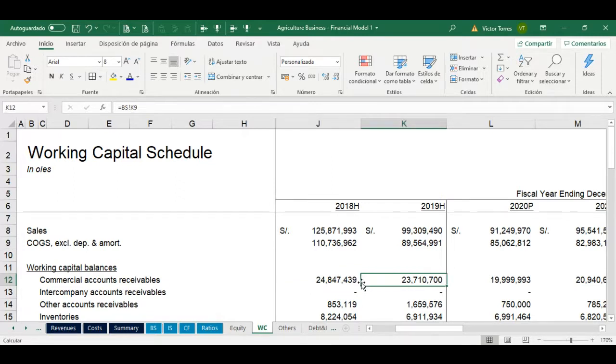So you should use the beginning of 2019 and the end of 2019 as a better estimate, the average between the two, for the accounts receivable days compared to the revenue, which is a flow from the beginning of 2019 to the end of 2019, to make that consistency.